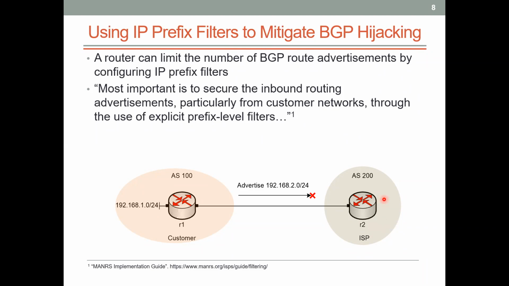The internet service provider is going to configure IP prefix filters to limit route advertisement, so that when the customer tries to advertise a network different from the one it owns, let's say 192.168.2.0, the internet service provider is going to reject this route advertisement and not propagate it to external networks.